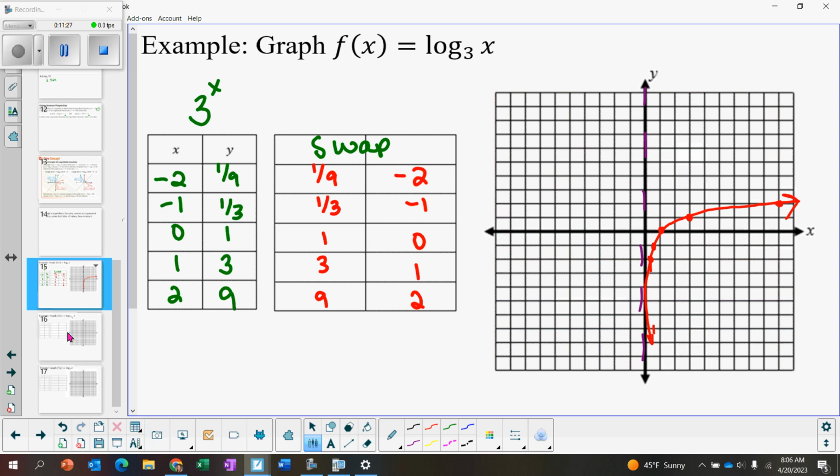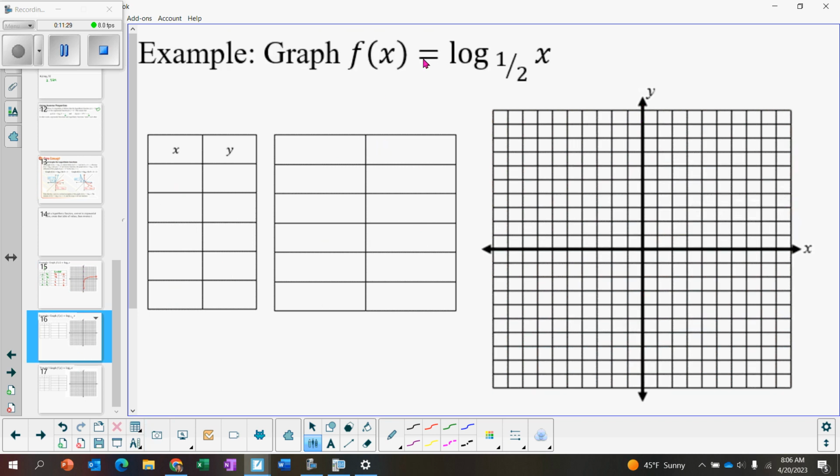All right, let's do another one together. So 1/2 raised to the x is going to be my exponential that I use. So I know anything to the 0 is 1. 1/2 raised to the 1 power is 1/2. If I flip it, that's 2. 1/2 squared is 1/4. If I flip it, that's 4.